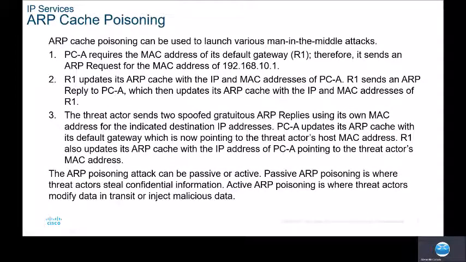So ARP cache poisoning can be used to launch various man-in-the-middle attacks. If PCA requires the MAC address of its default gateway, R1, it sends an ARP request for the gateway address. R1 updates its ARP cache with the IP and MAC address of PCA, and then sends an ARP reply to PCA, which then updates its ARP cache with the IP and MAC address of R1. The threat actor sends two spoofed gratuitous ARP replies using its own MAC address for the indicated destination addresses, so both PCA and the router.